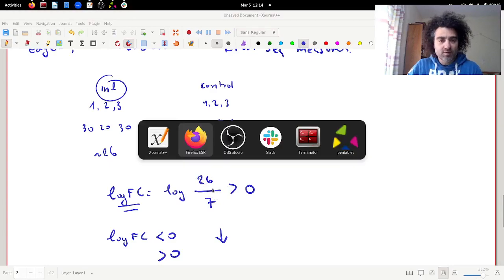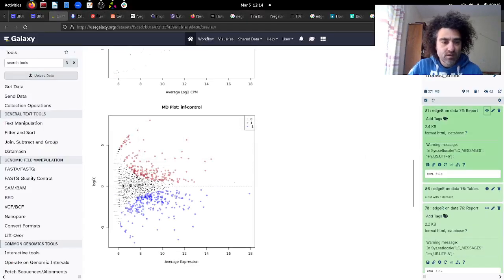Okay, let's go back to the plot now. So all the black dots here are the log FC for all genes. And you see that there is a pattern here that for lowly expressed genes the log FC might be very large or very small, and then as we proceed we have smaller deviations from the 0.